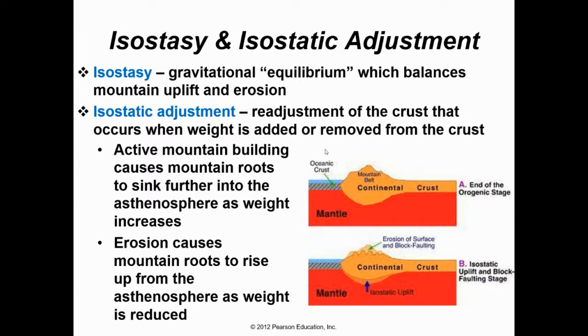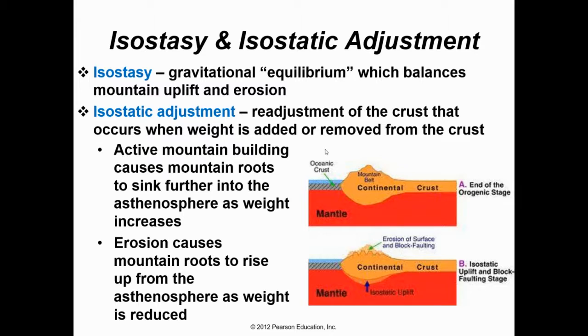So you basically have the weathering and erosion processes simultaneously occurring, and it's stripping away chunks, little sediments of the mountains, and moving those sediments away. And that will reduce the overall weight of the mountain belt.